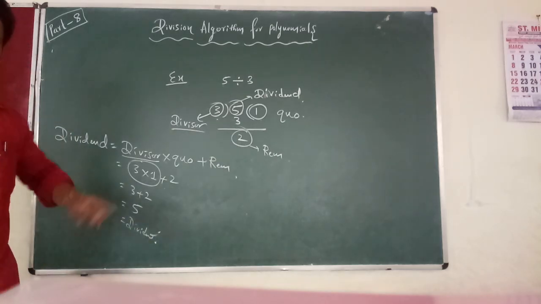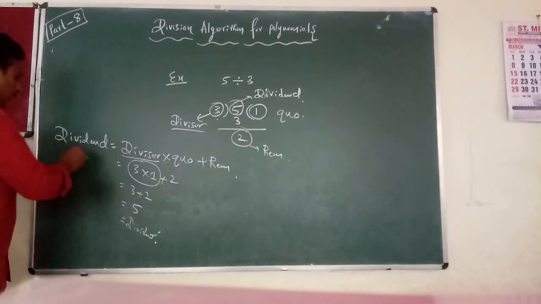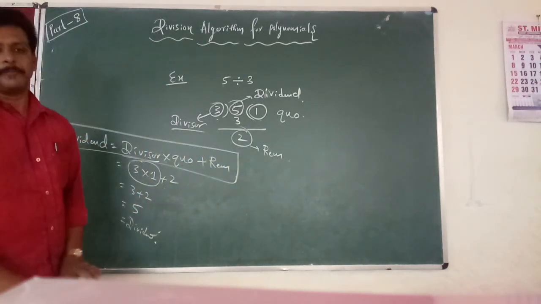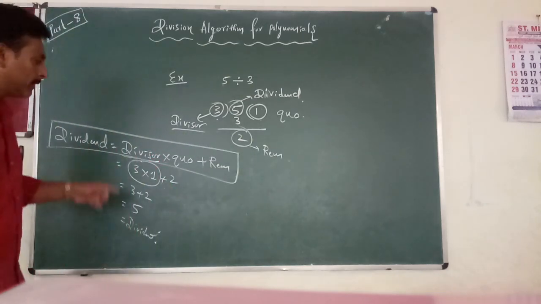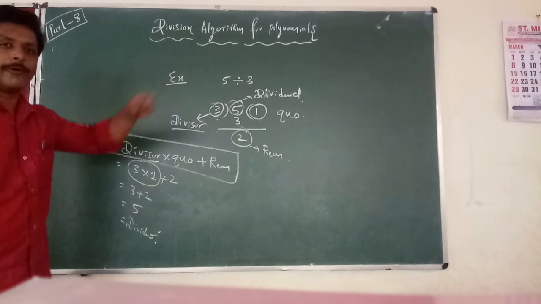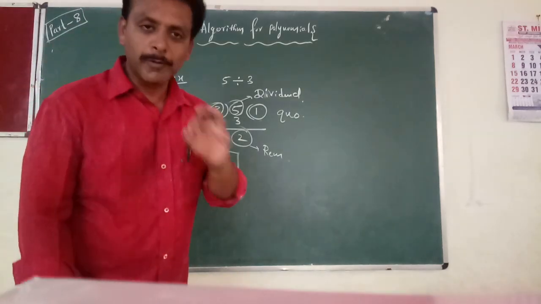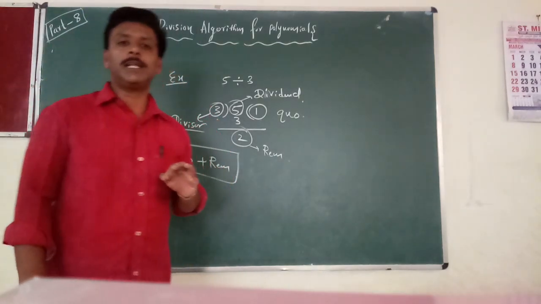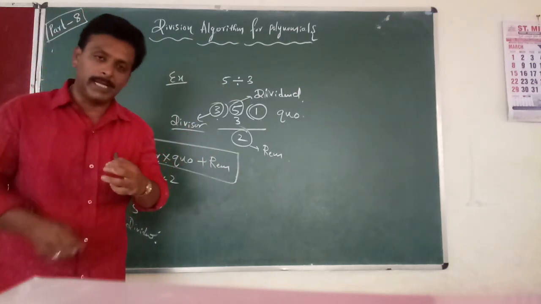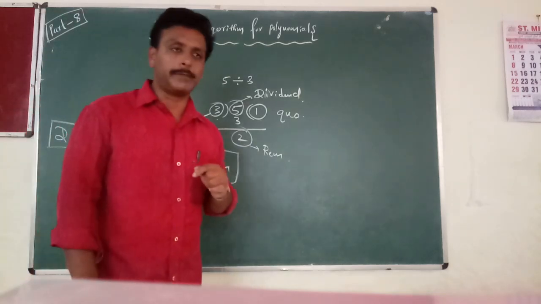Correct? This one you studied? You used this in your 5th, 6th, 7th standard. But you don't know what this formula is called. This formula itself is called the division algorithm. About this formula you are going to study in detail in chapter 1, the real numbers chapter.